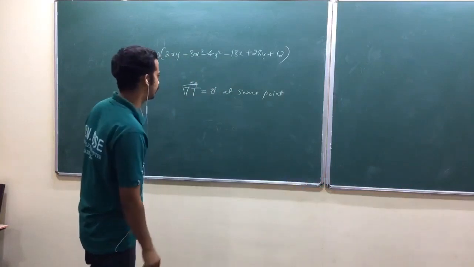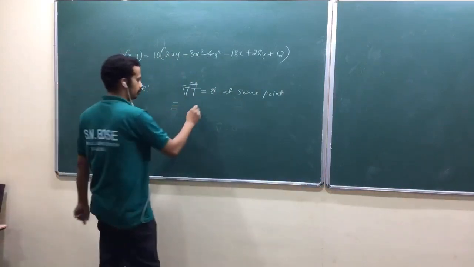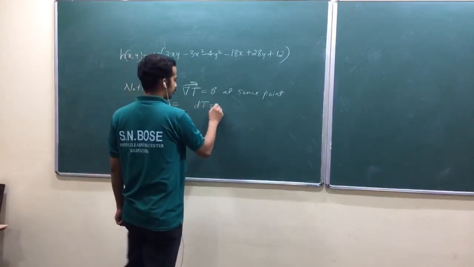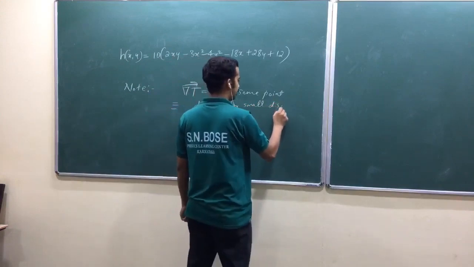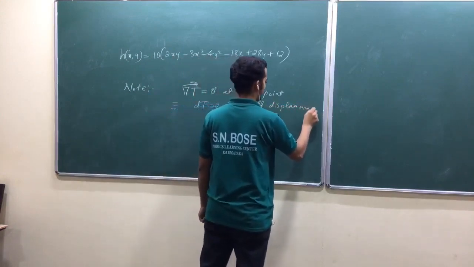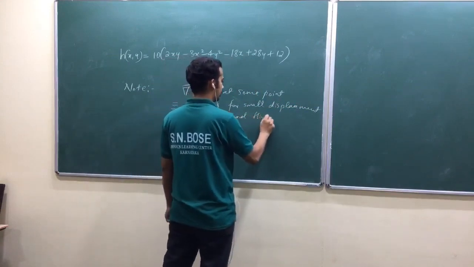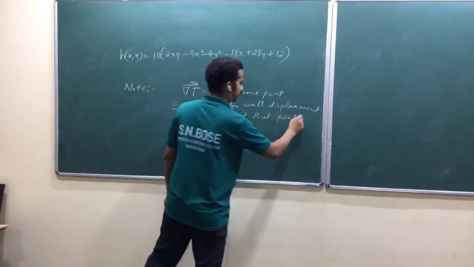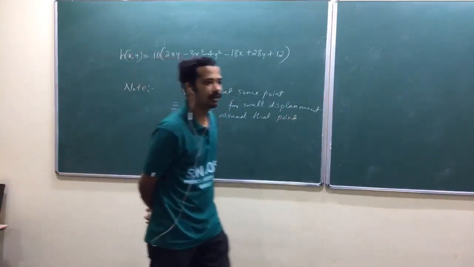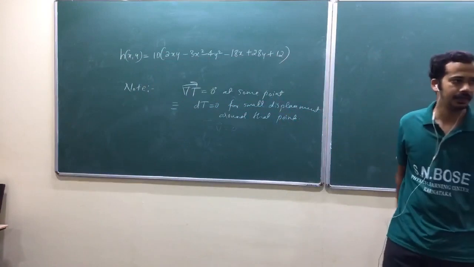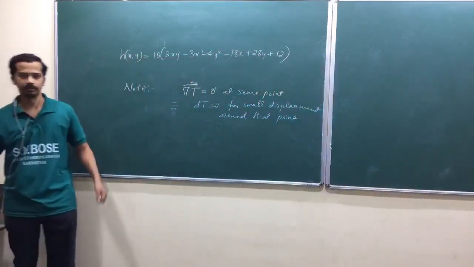At some point is equivalent to dT equal to 0 for a small displacement around that point. Can I say like that? Because dT is written as del T dot dl, isn't it? When would that happen? At maxima or minima usually.